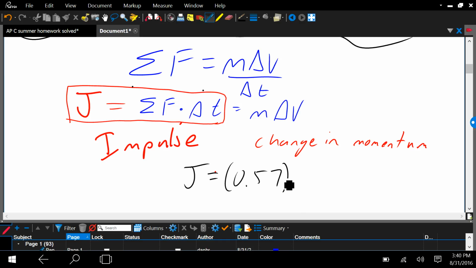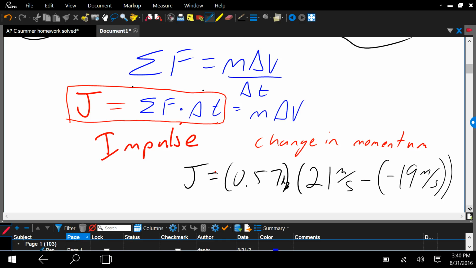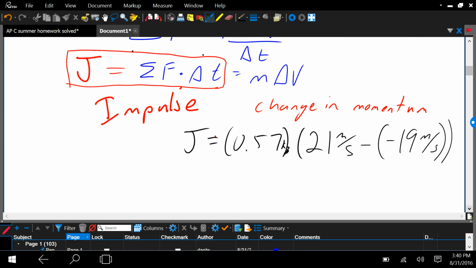So we can say that J, the impulse, is going to be equal to 0.57, that's kilograms of mass, times our change in velocity. We do want to be careful here. When we do change, we do final minus initial. We also want to be careful of the sign that we put on the initial velocity. Let me explain that for a moment.